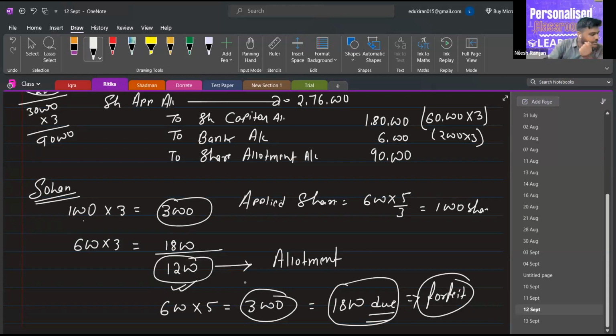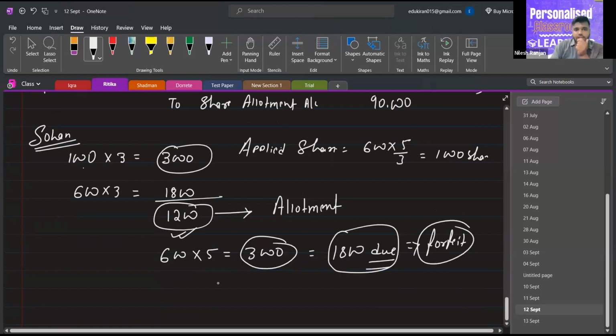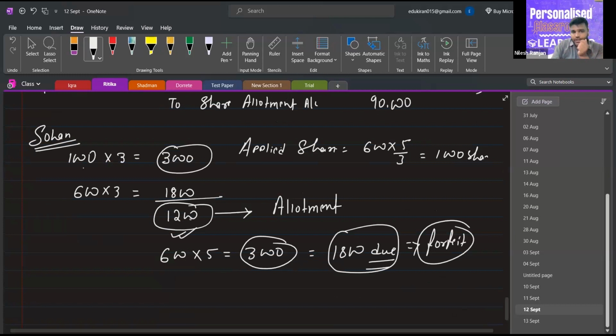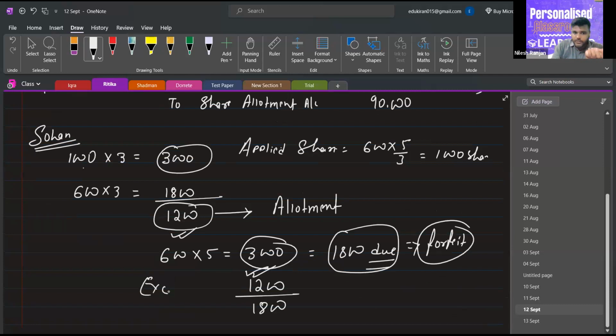And total allotment money is given 600 into 5, including premium. Okay, so we have received only 1,200 on allotment. Total money that we have to receive is 3,000 from Sohan, but this is the excess application money that can be utilized in this 1,200, and balance we will get 1,800, and this 1,800 is due and it is forfeited.